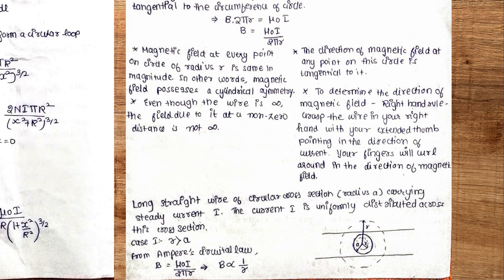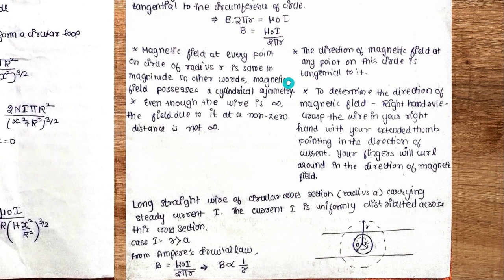So grasp the wire in your right hand with your extended thumb pointing in the direction of the current. Your fingers that are curled around will represent the direction of the magnetic field. So this is the right hand rule.